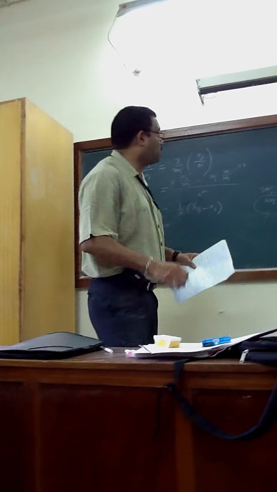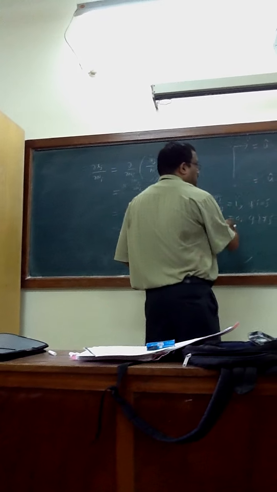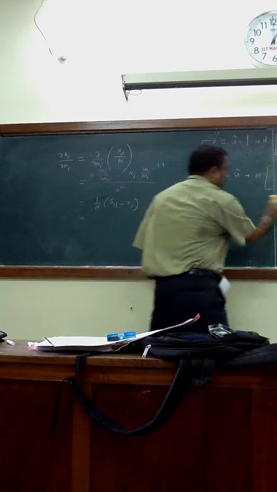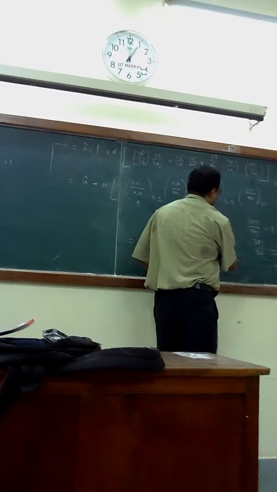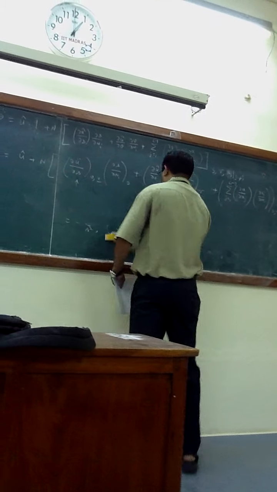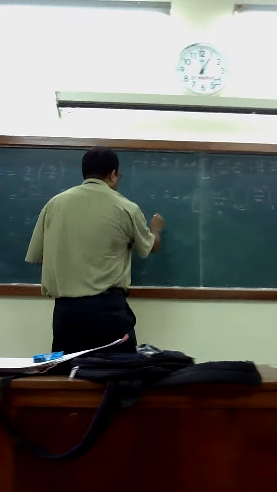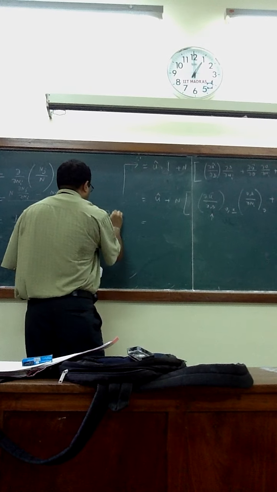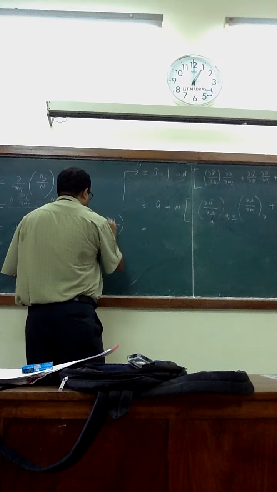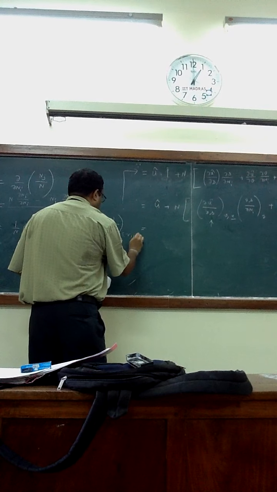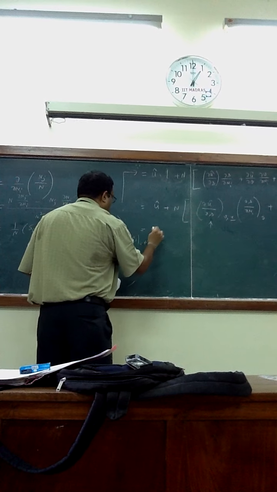So coming back to chemical potential, I am going back to the original expression. We have got all those things now. So I'll go back here, and what should I write? U equals (∂U/∂Ni) at S, V, Nj with j not equal to i.